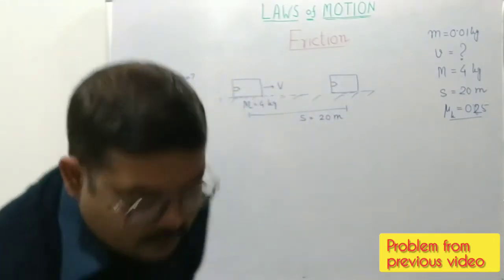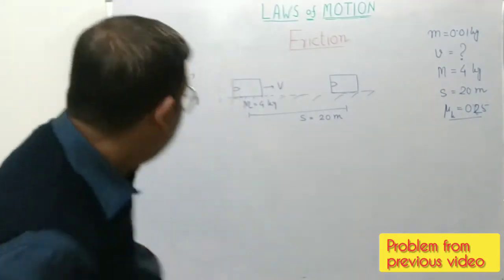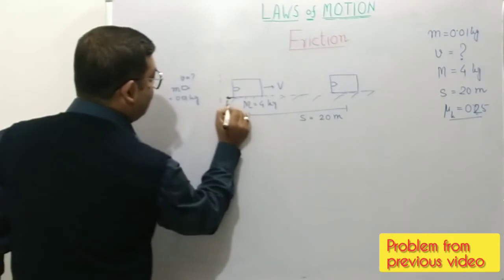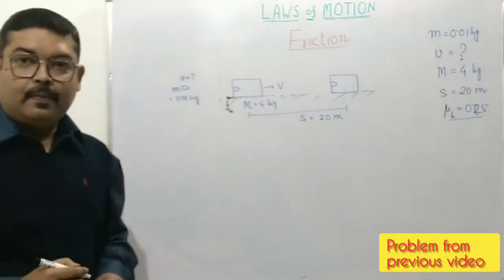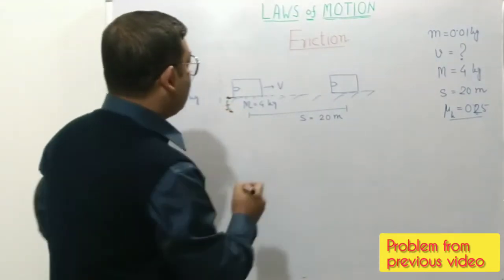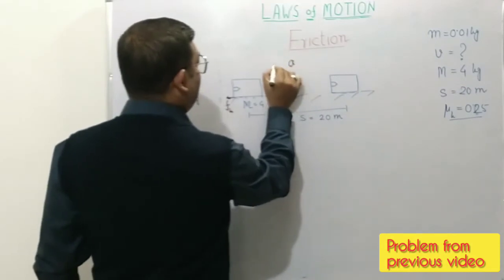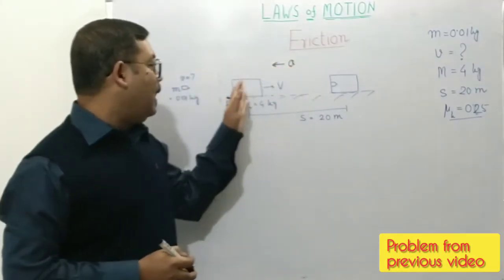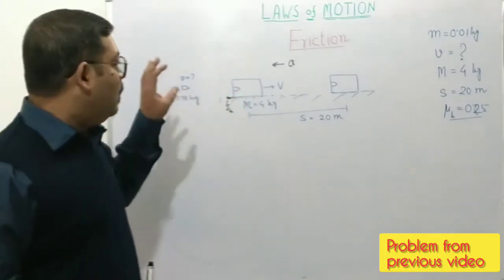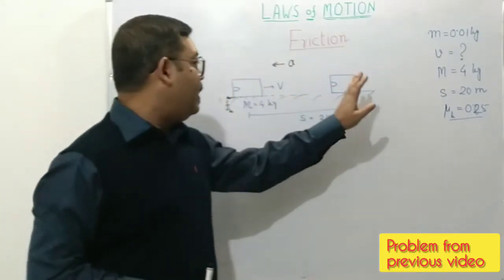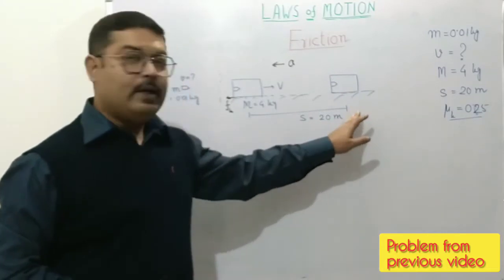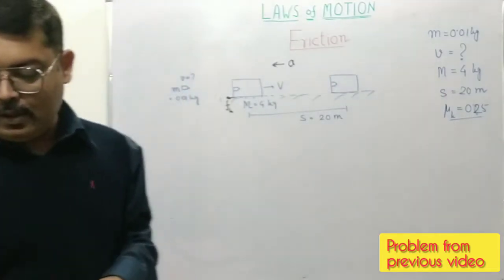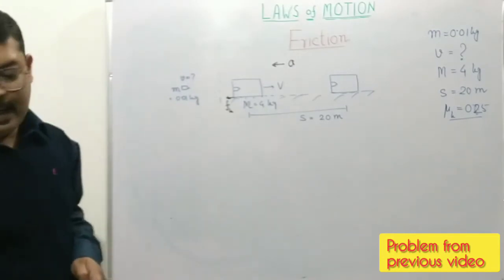However, force of kinetic friction will be acting along the point of contact between the surfaces in the backwards direction. And this will produce an acceleration in the direction opposite to the direction of motion of the block and the bullet system, which will retard the system, and finally after traveling a distance equal to 20 meters, the system comes to rest. So like the previous case, what we need to do first is that we need to find the acceleration produced.